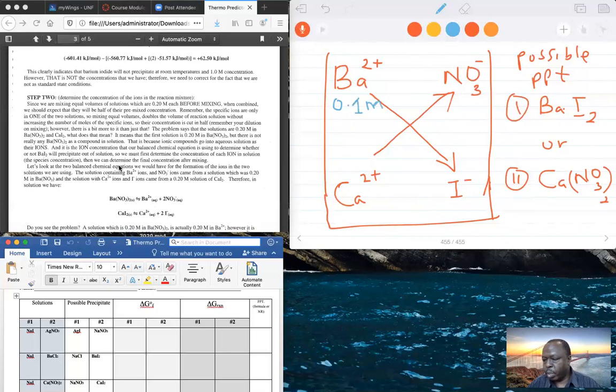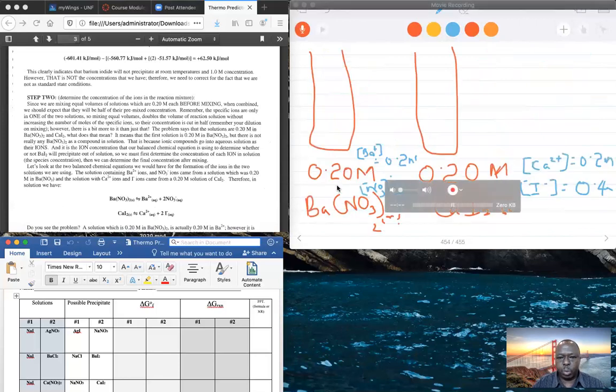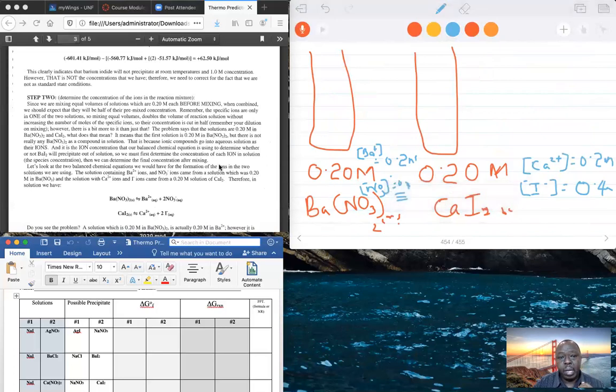This is 0.2 molar. This is 0.1 molar. And this is 0.2 molar. Why am I changing it? It might be confusing. Remember, individually, this was 0.2 and 0.2, in the direction called for taking equal drops.